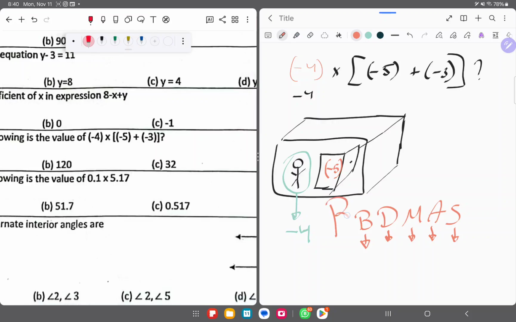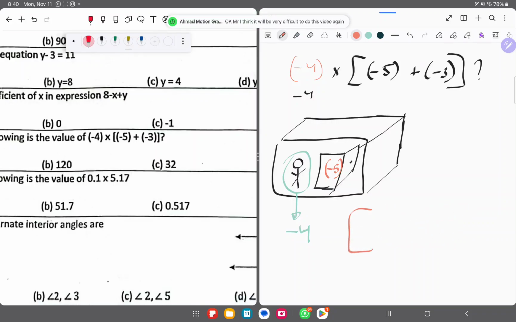Now, we learned that the big brackets are first. So there are big brackets, so we deal with the big brackets first. So now, since we're dealing with the big brackets, so -5 plus -3. So I need to do this first.